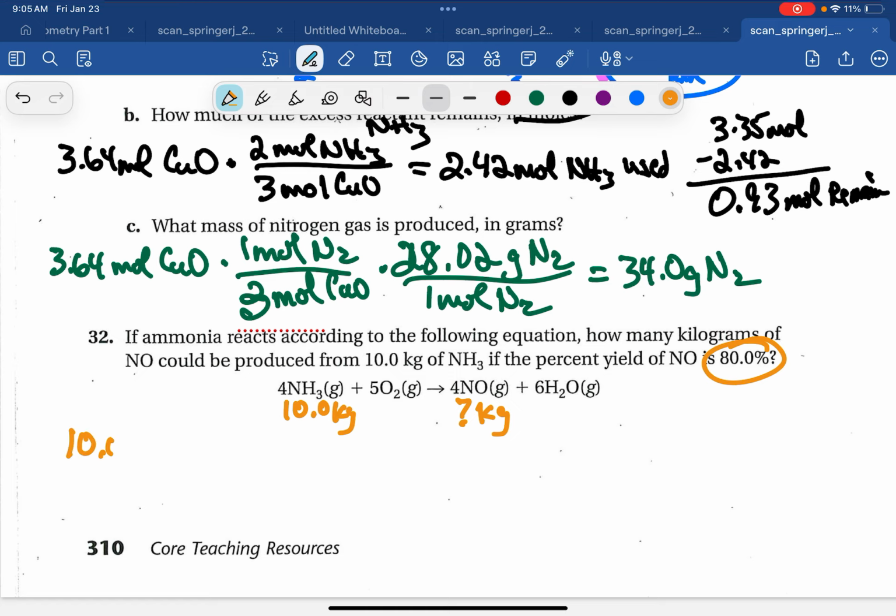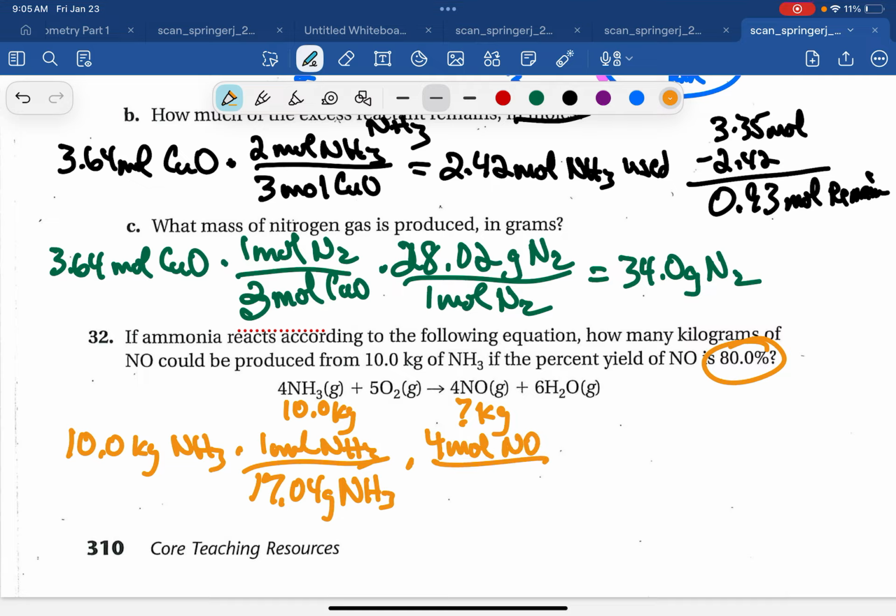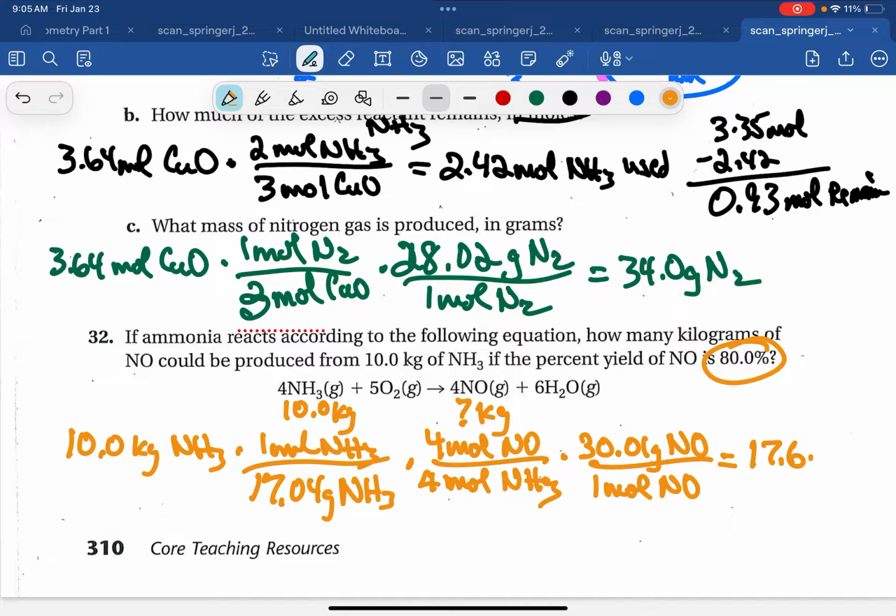So I'm going to start with my 10 kilograms NH3, 1 mole NH3, 17.04 grams of NH3, 4 moles NO, 4 moles NH3, 30.01 grams NO, 1 mole NO, and I get 17.6 kilograms of NO.